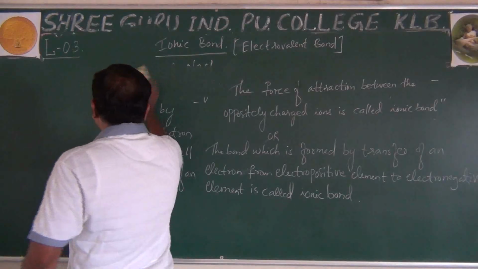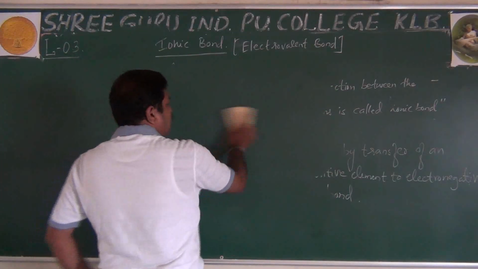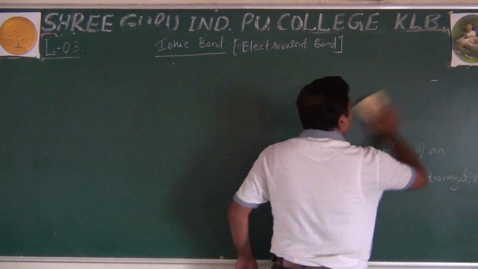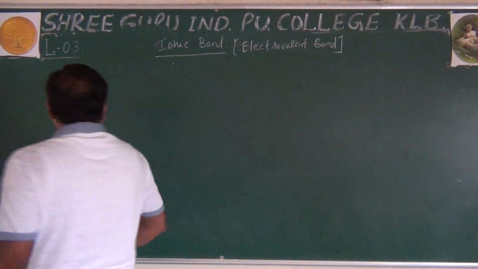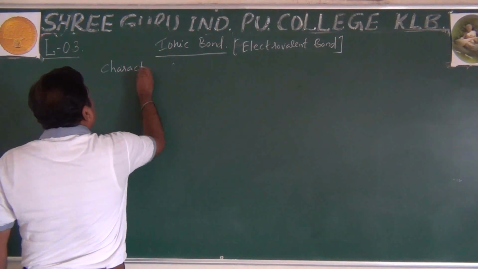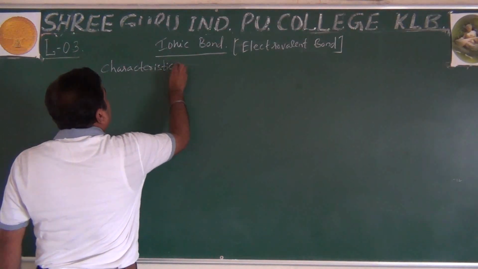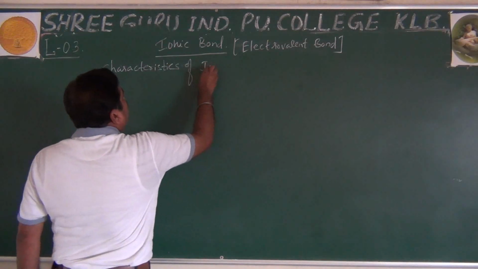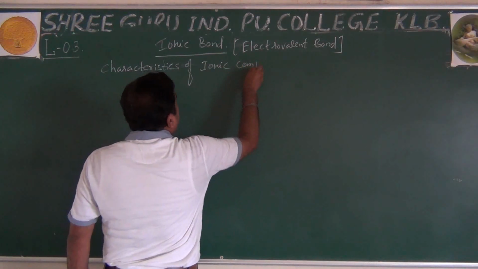Now with this definition, we will go for what are the characteristics of ionic compounds. So it is ionic compounds, not ionic bonds.